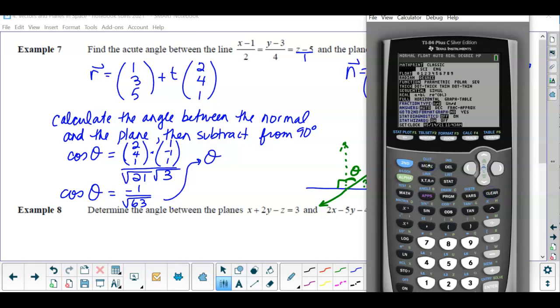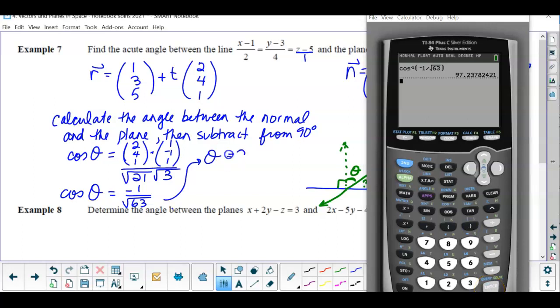Okay, you'll notice it's a negative here. So we get 97 point, I didn't say what to round to, I'll go to 1 decimal place. Okay, 97.2.